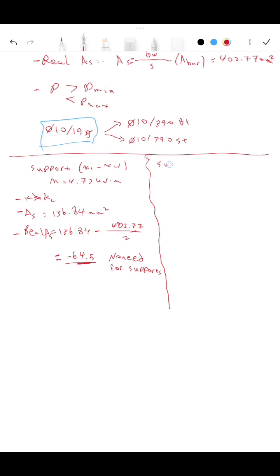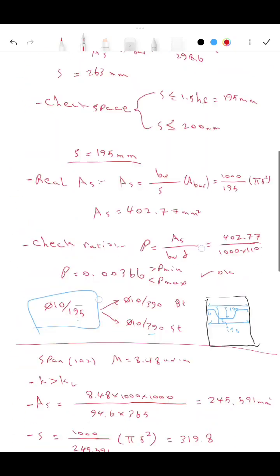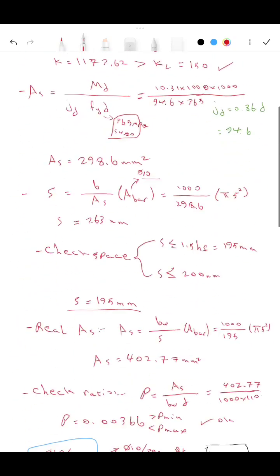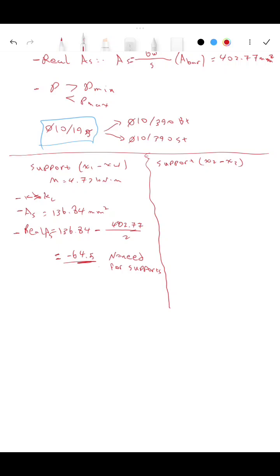Let's calculate support x2 and x3. So here the moment we have was 11.71 kilonewton times meter. First of all, the first check: K will be bigger than KL, and then we will calculate the area of steel.